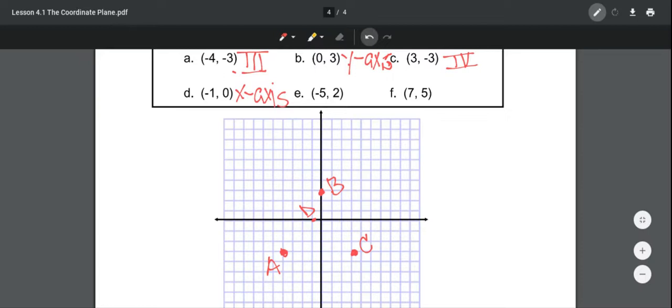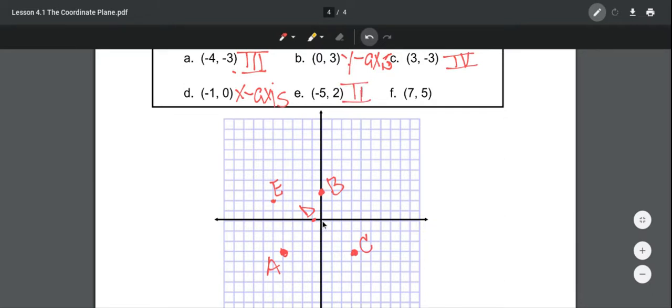The point for E, when beginning at the origin, asks us to move 5 spaces to the left, then 2 spaces up, giving us point E, which lies in the 2nd quadrant.